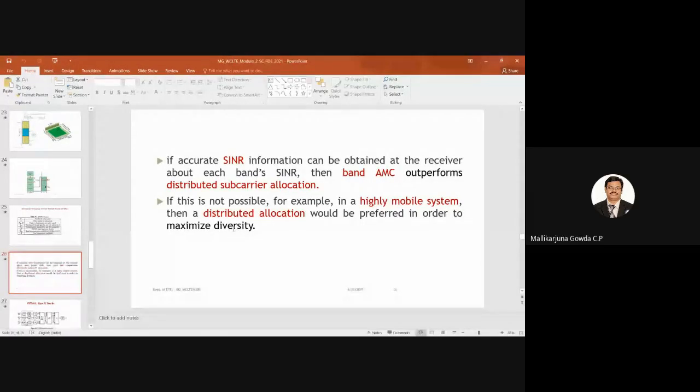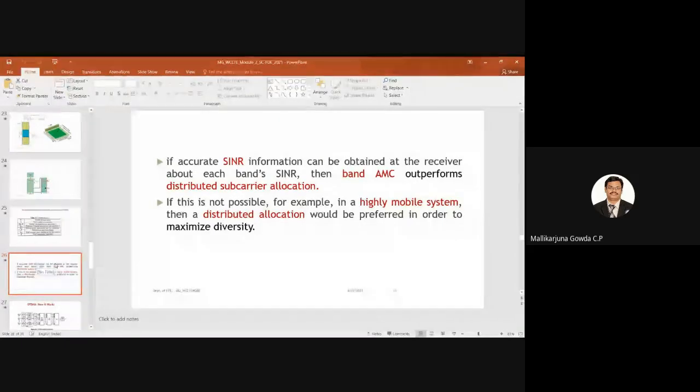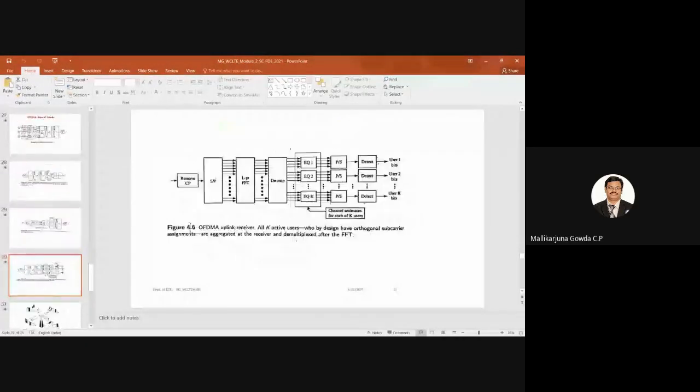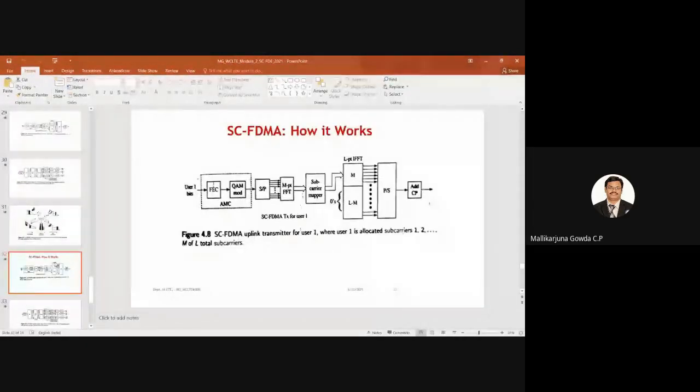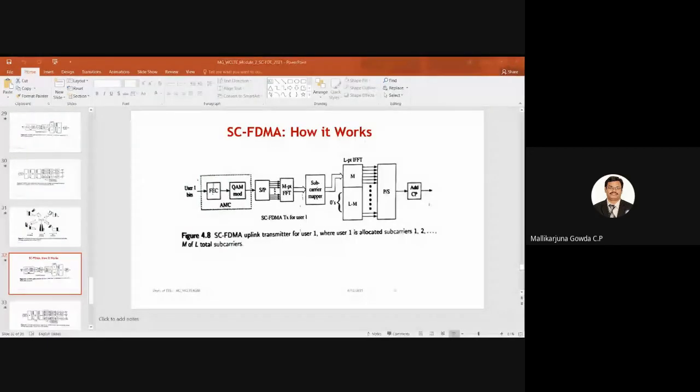So here are two types of allocation: one is distributed, another is band AMC. You should be able to take that into account while allocating the subcarriers to different users. I think I discussed all these things. Let me talk about SCFDMA, in brief, because you are already aware and we have discussed it many times so far.